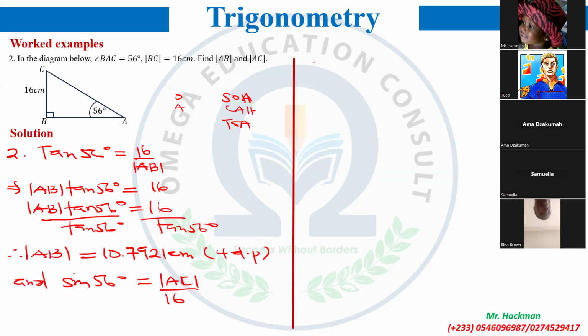This implies that the magnitude of AC is equal to 16 sine 56. Okay.